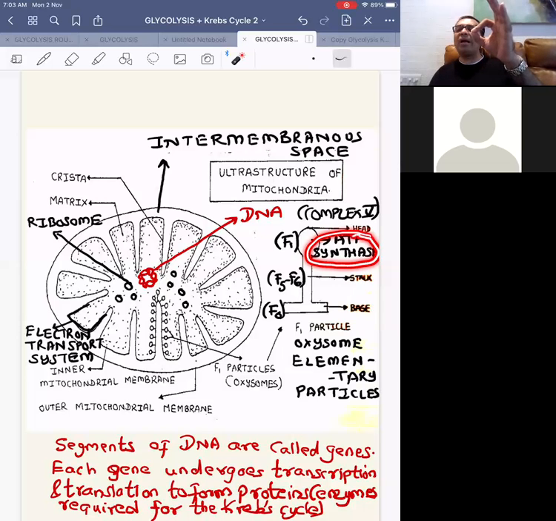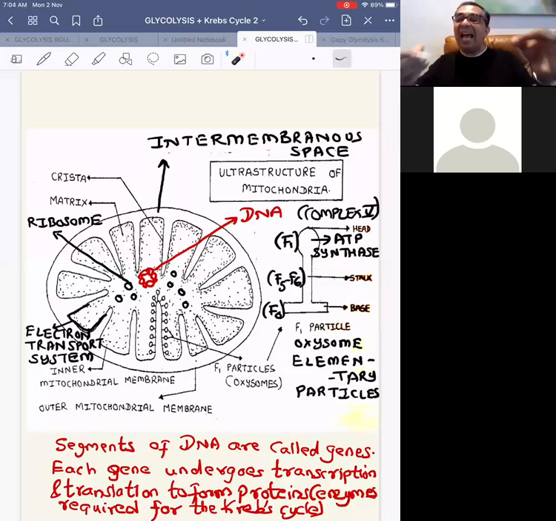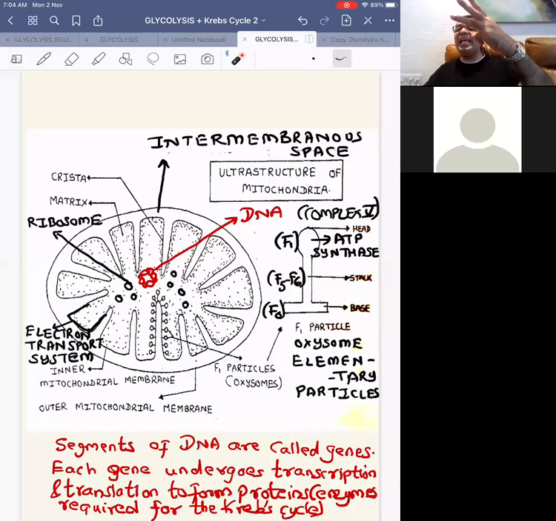नाम से मालूम पड़ रहा है, ATP synthase enzyme will help in the synthesis of the ATP. जो NADH plus से 3 ATP बनते हैं, FADH2 से 2 ATP बनते हैं, वो actual ATP कहाँ बनता है?